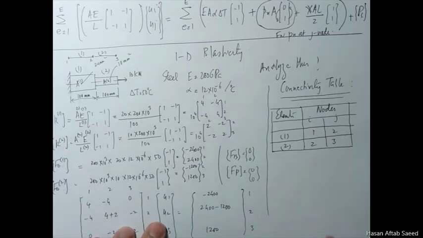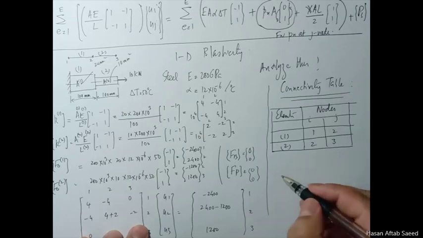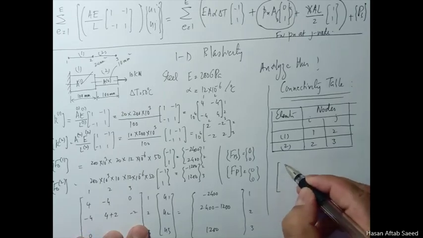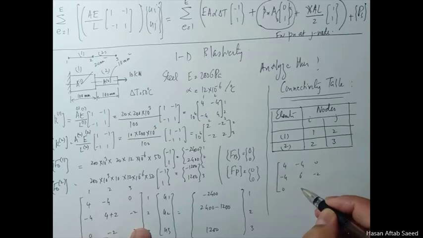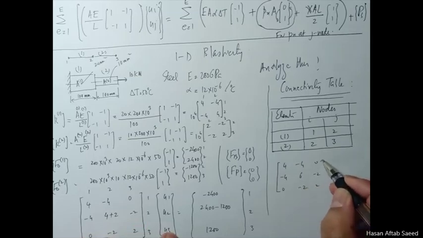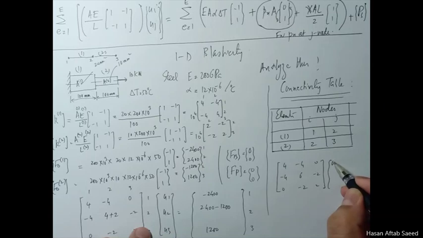So what you get as a result of this, if we write it down again, is 4 minus 4 0, minus 4 6 minus 2, 0 minus 2 2, times u1 u2 u3, and on the right hand side you get minus 2400, 0, and 1200, 1200.